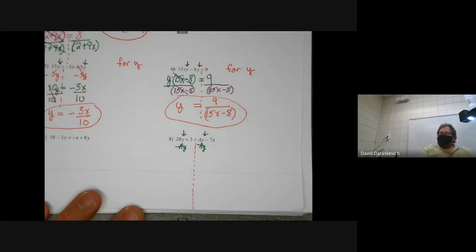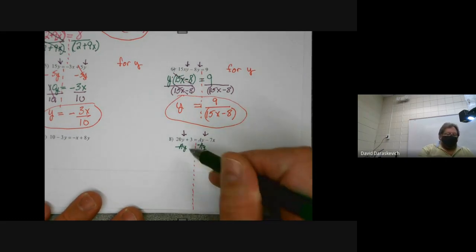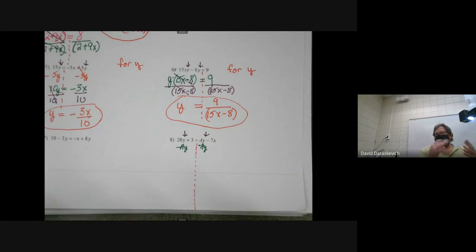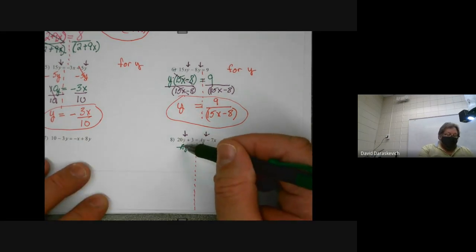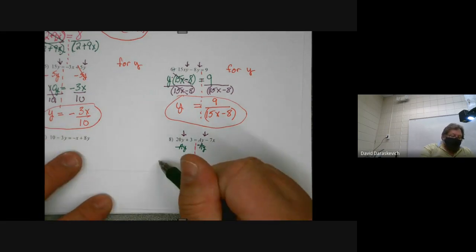Now, here's the biggest mistake students make. They're saying, well, 20y minus ay, well, that must be 19y. Or they come up with some other, in other words, they try to combine these. You can't combine these. 20y and ay are unlike terms, so leave them that way.